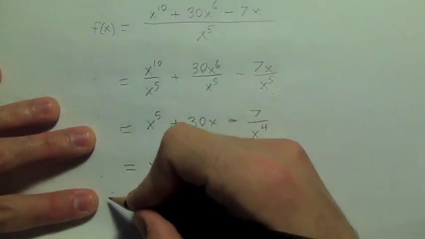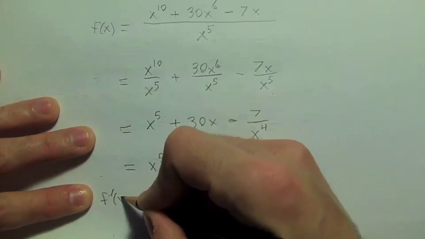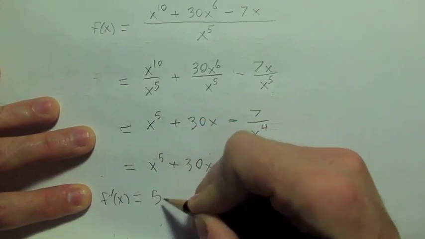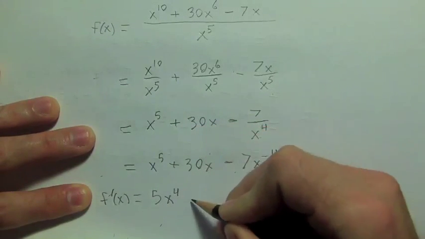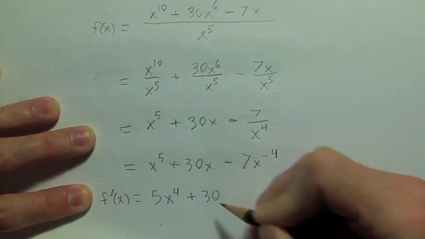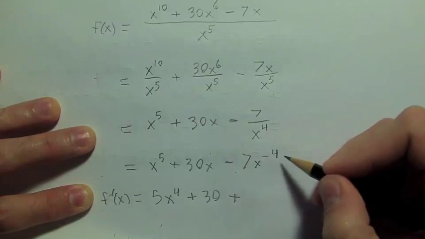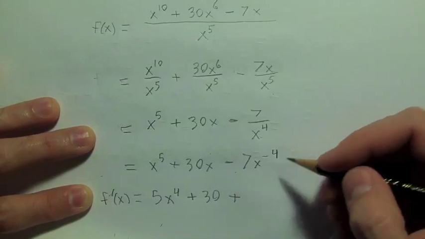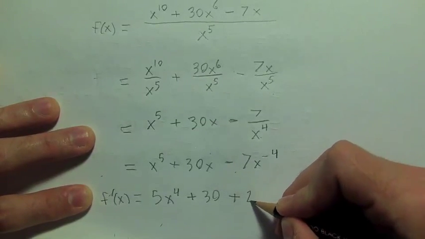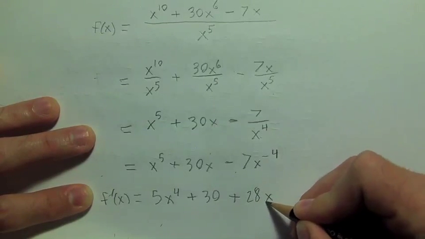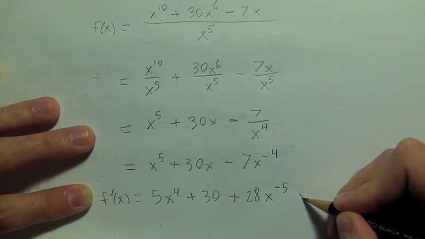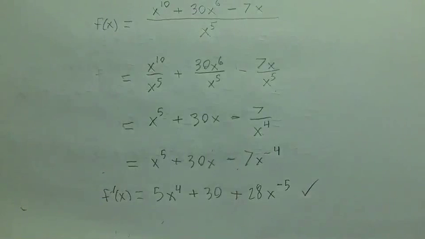So when I take the derivative, f prime of x will end up being 5x to the 4th plus 30 plus negative 7 times negative 4. So that will be 28x to the negative 5th, and that is that.